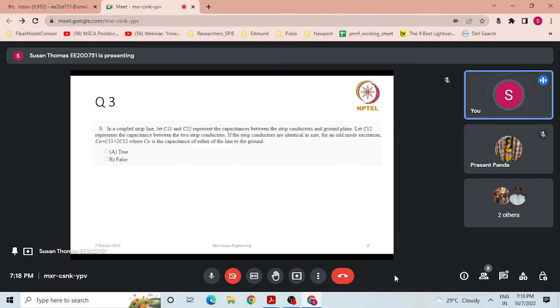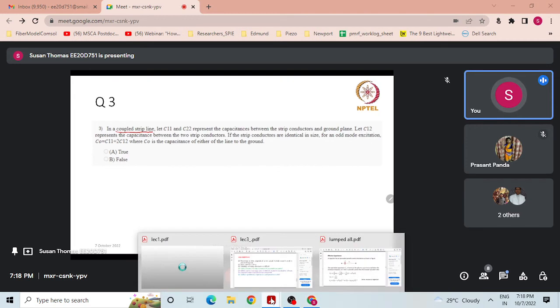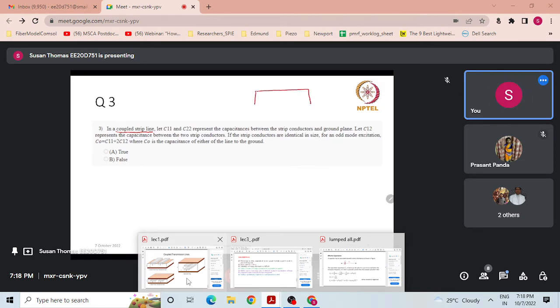Okay, let's go to the next question. This is on a coupled strip line. Maybe you already know that, but still I would like to explain. What is this coupled strip line?